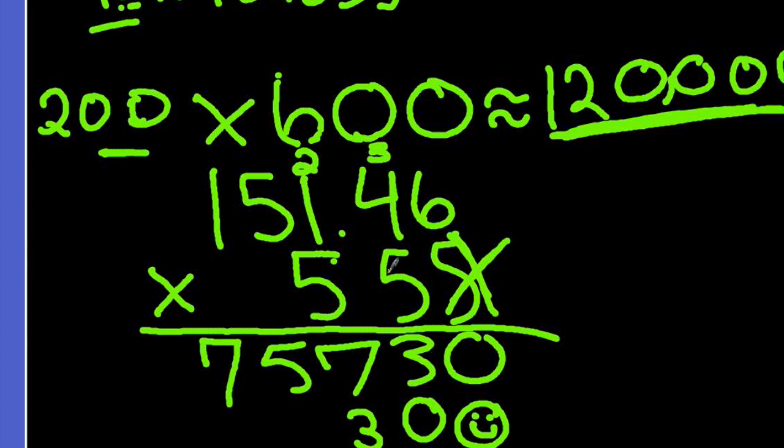And then I'm going to do 5 times 1. We're not worrying about the decimal yet. And that's going to equal 5. And then we're going to have to add 2, which will be 7. And then 5 times 5 is 25, and we don't have to add anything.